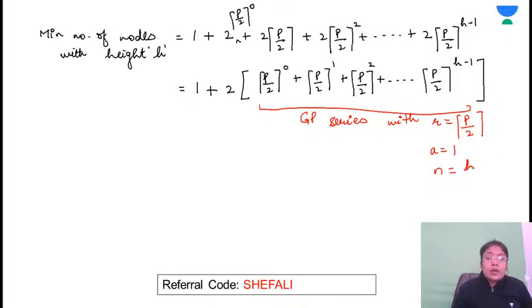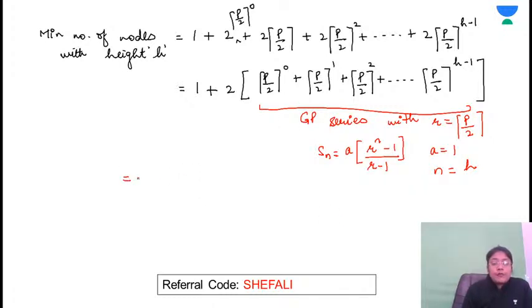This means that total number of terms are h. What is the sum formula? With n terms, it depends on whether the common ratio is greater than 1. So here the common ratio is greater than 1. So it comes out to be r raised to power n, where n is the number of terms, minus 1 divided by r minus 1. So just substitute these values in this equation.